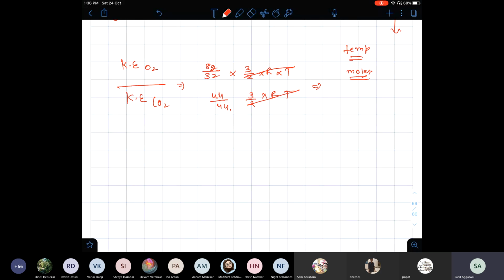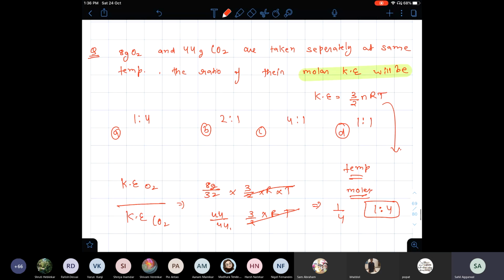We will be left with 1:4. ये आंसर आ जाएगा. Understood, all of you?